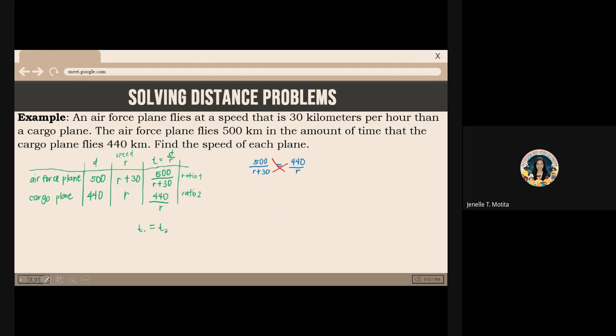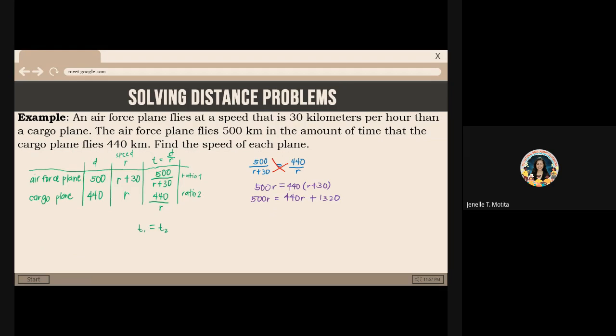We will have 500 times R, that is 500R, is equal to 440 times R plus 30. Let's simplify this. 500R is equal to 440 times R, that is 440R, plus 440 times 30, we got 1320. And so let's solve for this.